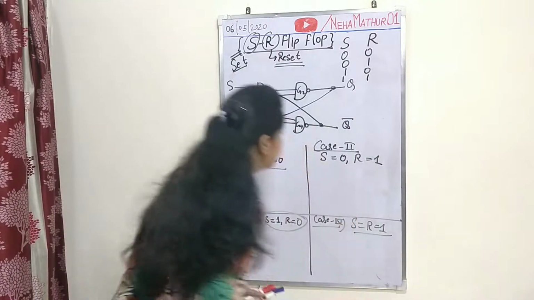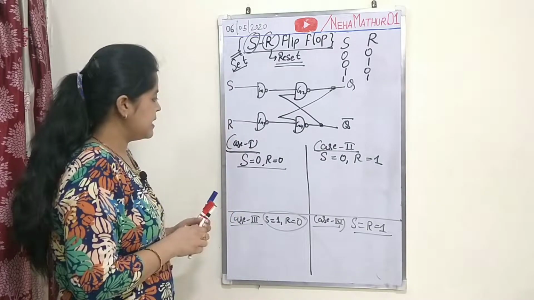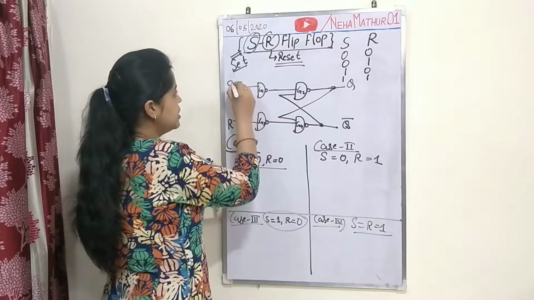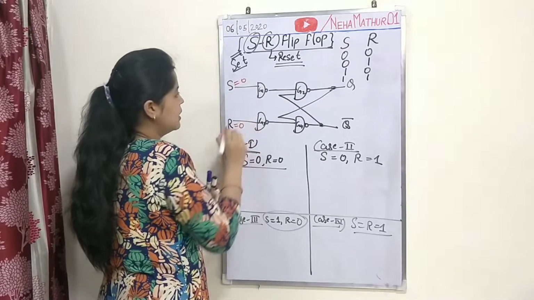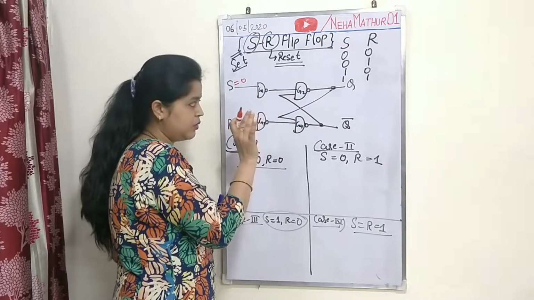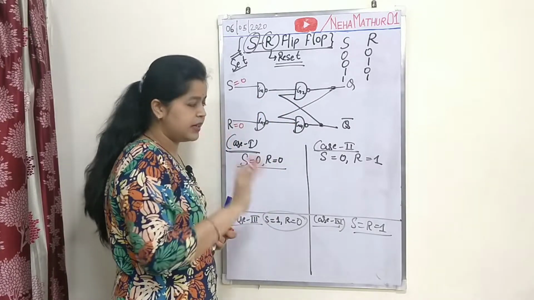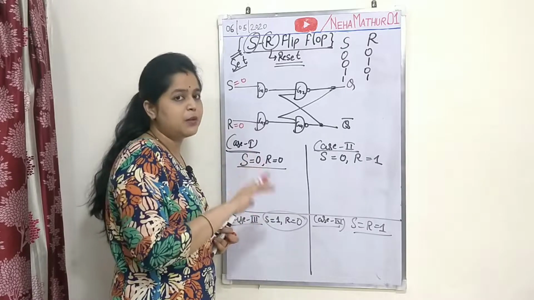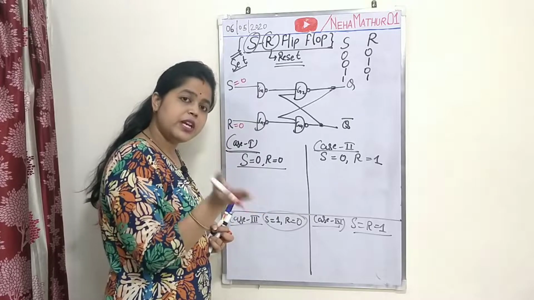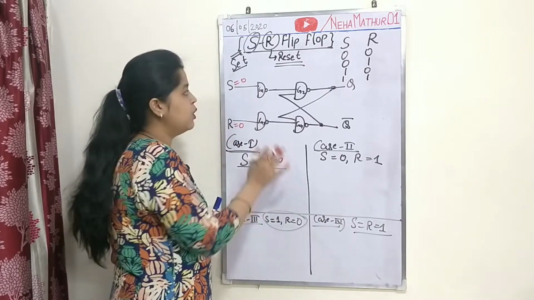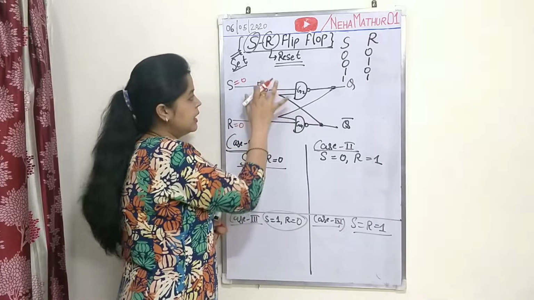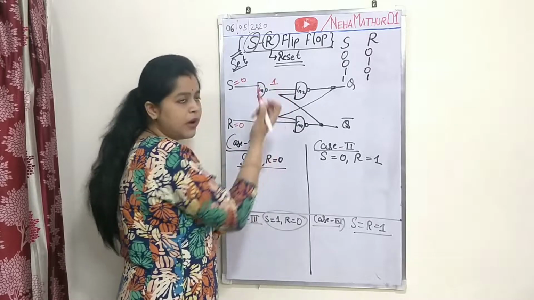Now see, when S and R are both equal to 0, all the gates working over here are treated as inverters designed with the help of NAND gates. An inverter is itself a gate which inverts its applied input. So for G1, when 0 is applied at its input, the output of G1 will be 1.